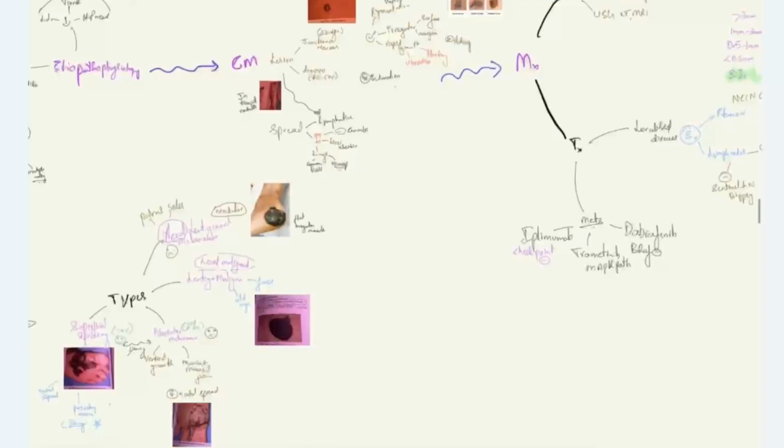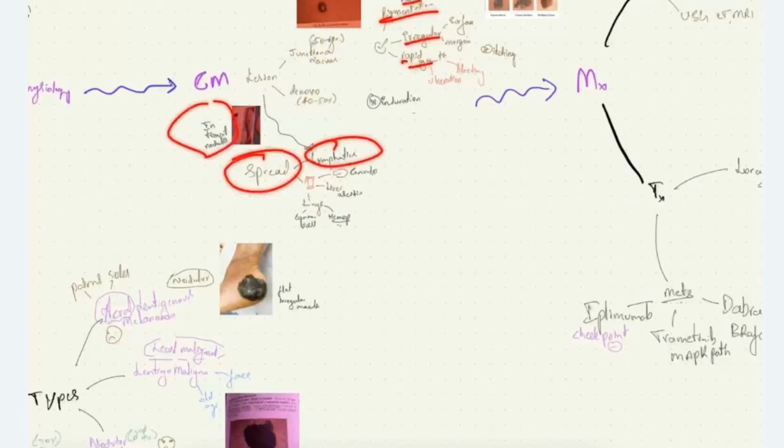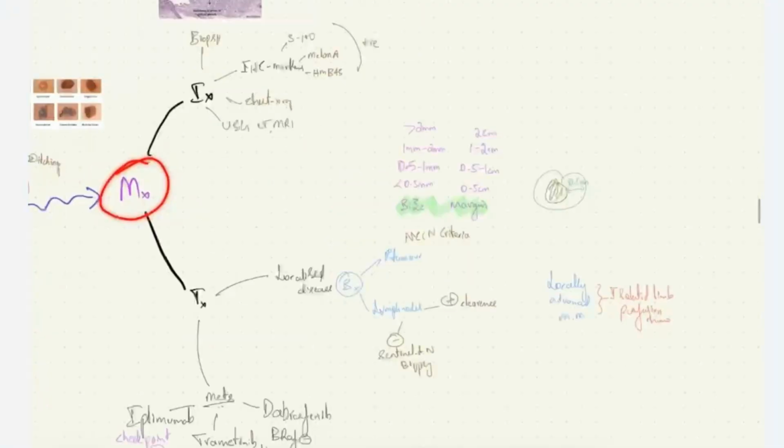Following that, we saw clinical manifestation, the lesions which can occur de novo or on junctional nevus. The lesions have varied pigmentation, irregular borders, and rapid growth. They spread through lymphatics, in-transit nodules, metastasis to liver, lungs, and CNS. Following that, we saw investigation: biopsy, IHC markers, chest X-ray, USG, CT, MRI.